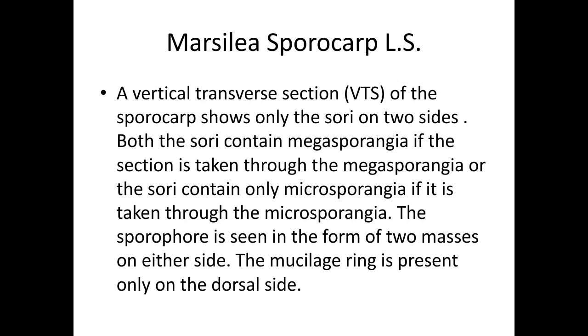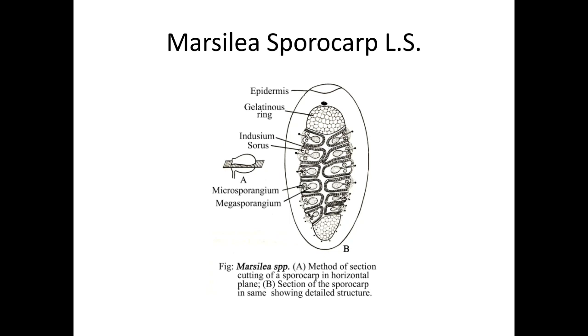The sporophore is seen in the form of two masses on either side. The mucilage ring is present only on the dorsal side.